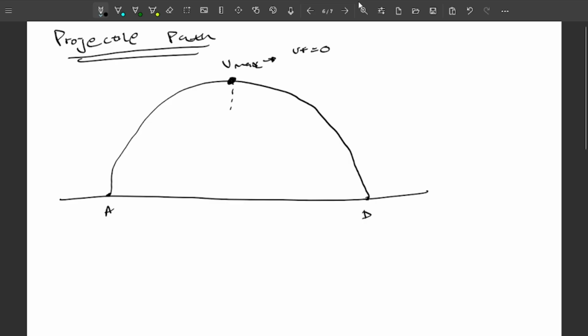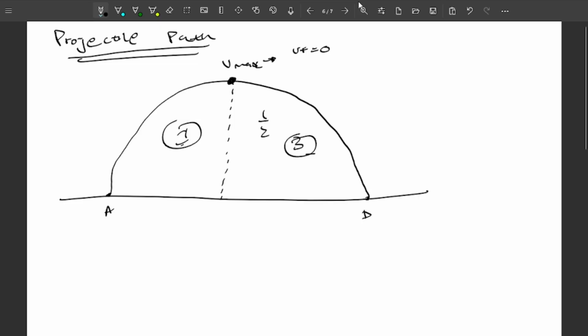Now the second point is this. The displacement that the ball moves on this side is the same as on the other side, from point 1 to point 3. So from this side to this side, the ball moved the same distance. Okay, so those are the things I need you to know.